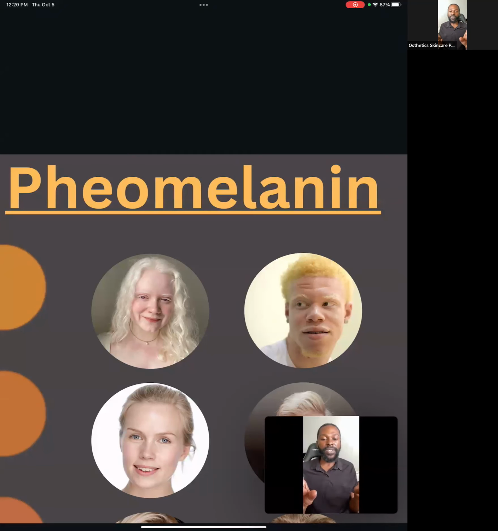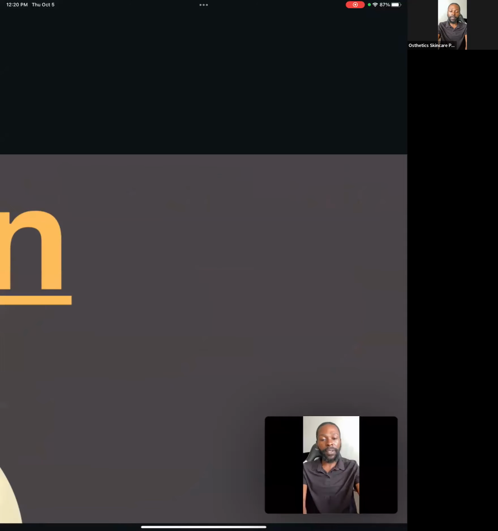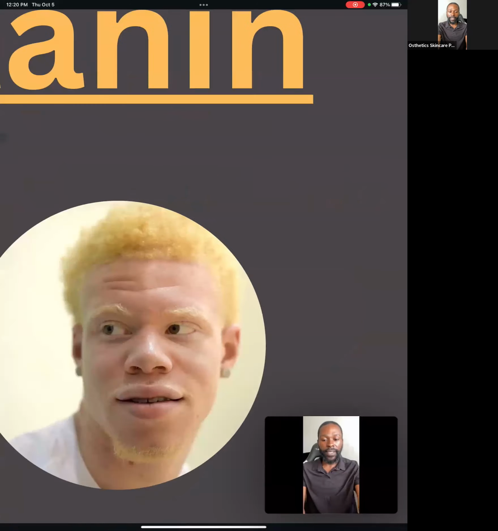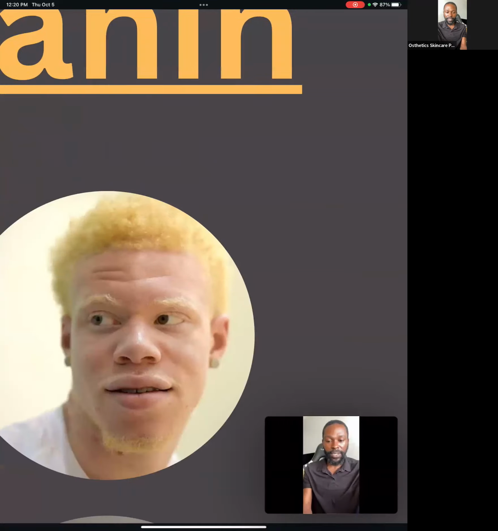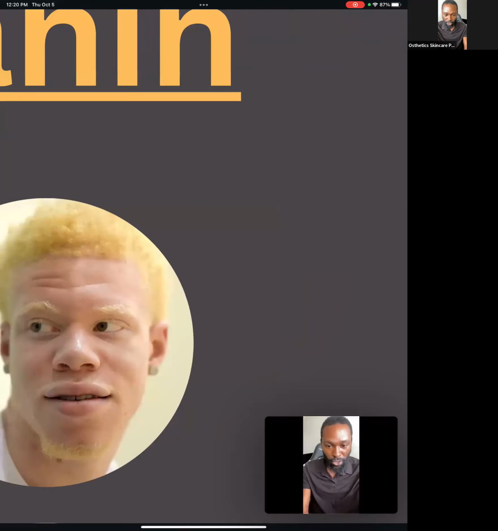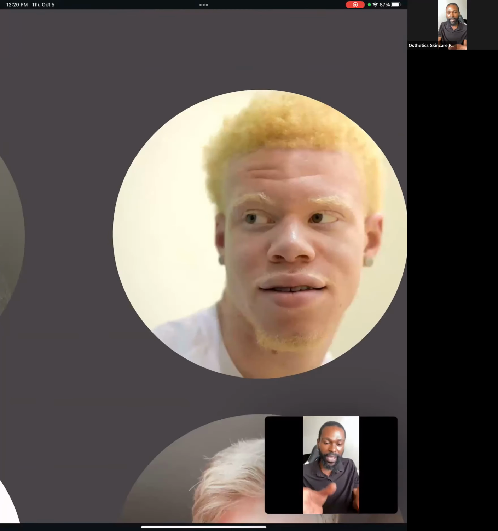The difference between these two is the young lady on the left is of European descent with albinism, and we have a young man who is of African descent with albinism. But they both only have pheomelanin showing up in their skin. Even for him, his eye color is not brown. I can't tell if it's blue or gray or what it is, but it's a light color, as you can see.